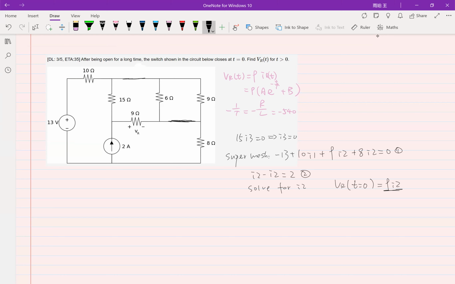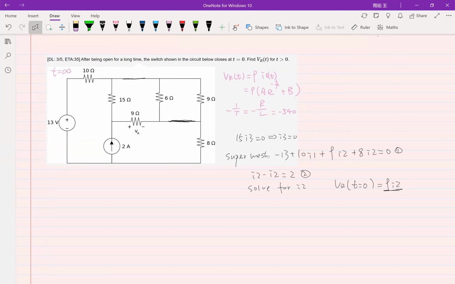Okay, so this is t equals infinity. The circuit is also most easily calculated through a mesh analysis. Let me see, 1, 2, 3, 4, 5. Yeah, there are 5 nodes and 4 meshes, so it's easier to calculate through a mesh analysis.